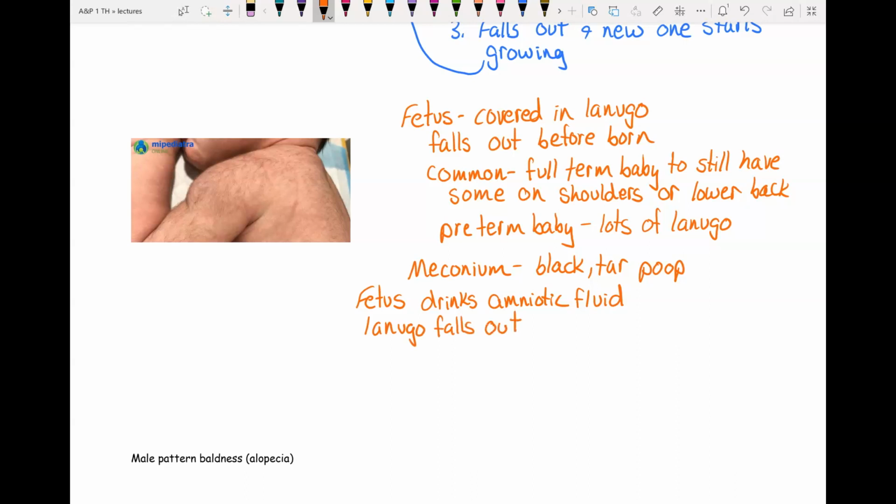And when it does, it's floating in the amniotic fluid. And when the fetus drinks the amniotic fluid, they ingest the hair with it. So they're basically eating that hair that fell out. And that's what becomes the meconium. The meconium is digested hair.